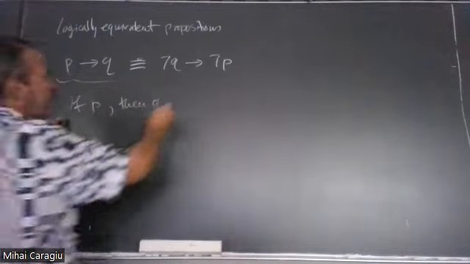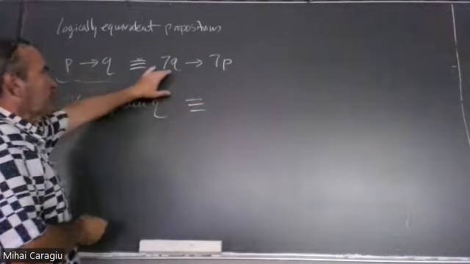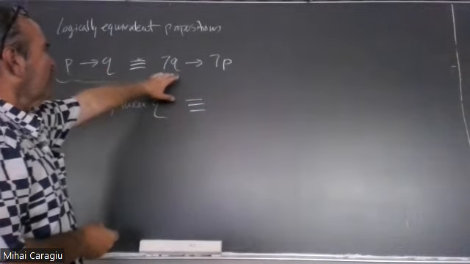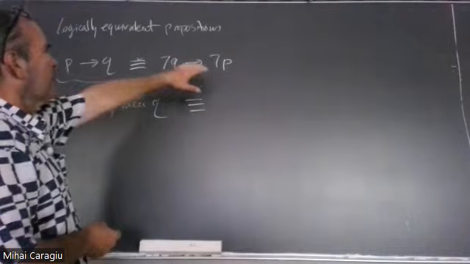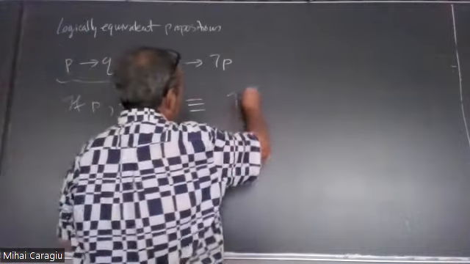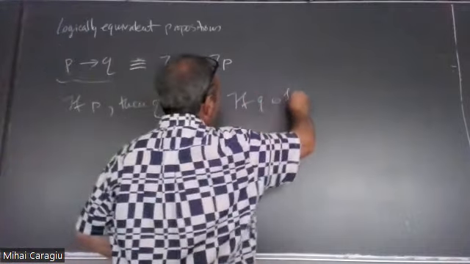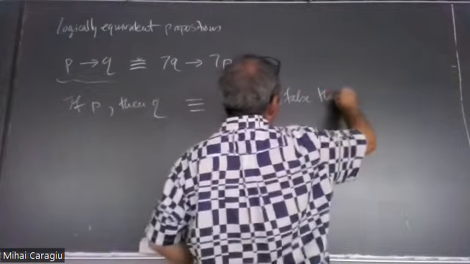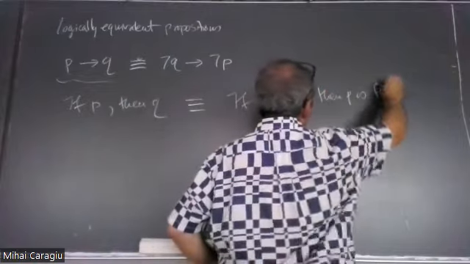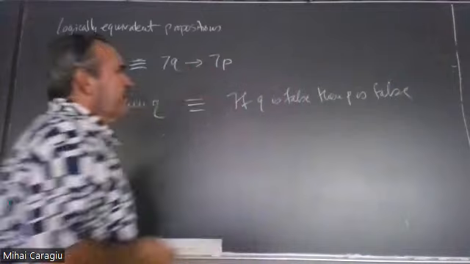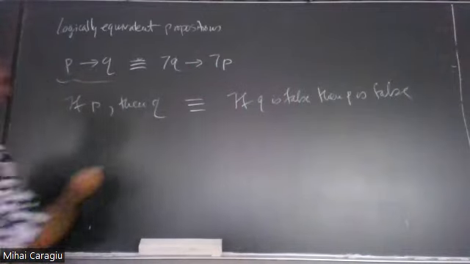That's the same as to say, if not Q, then non-P. So if Q is false, then P is false.